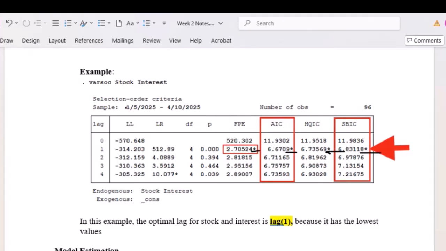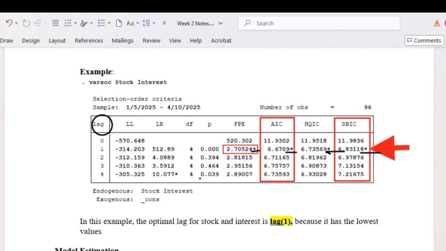Here it is indicated lag, and we have lag length 0, 1, 2, 3, 4. So we are testing how many lags. Is it lag 1? Is it lag 2? Is it lag 3? Is it lag 4?